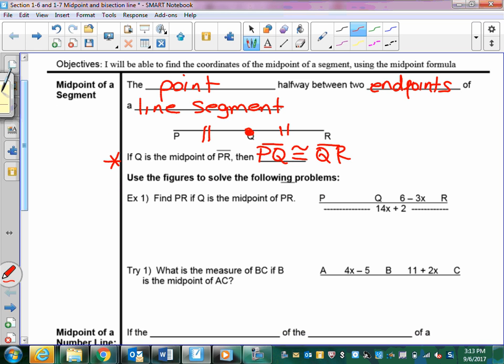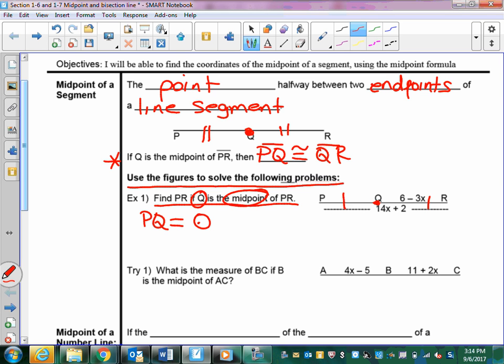So now knowing this, we're going to use the following picture to solve this problem. And always read the question. It says find PR if Q is the midpoint. So knowing Q is the midpoint guarantees that PQ is going to be equal to QR.